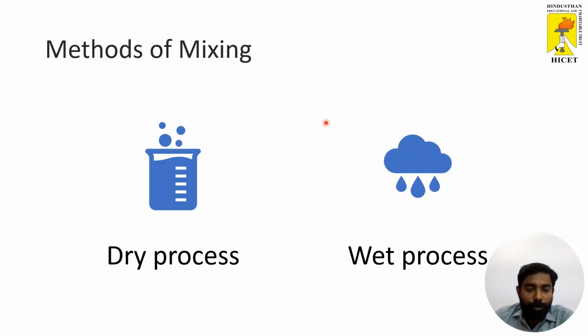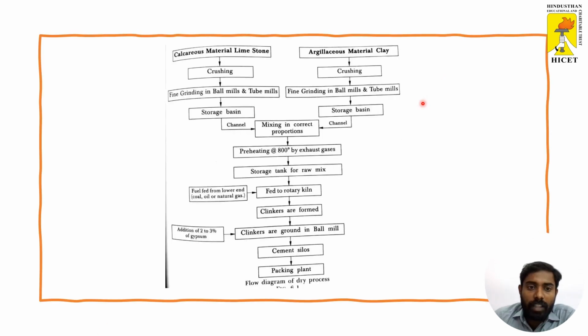We have two methods of mixing the raw materials: one is the dry process, and the other is the wet process. The flowchart gives the dry mix for the manufacturing of cement. It includes the calcareous material and the argillaceous material. Both are crushed separately, then finely ground in ball mills and tube mills, and stored in basins. They are then mixed in proper proportions, preheated to 800 degrees Celsius by exhaust gases, stored in a tank for raw materials, and fed to the rotary kiln.